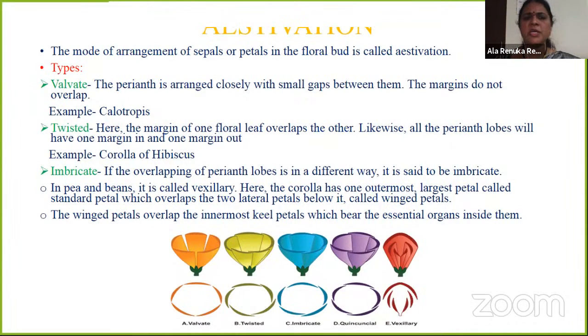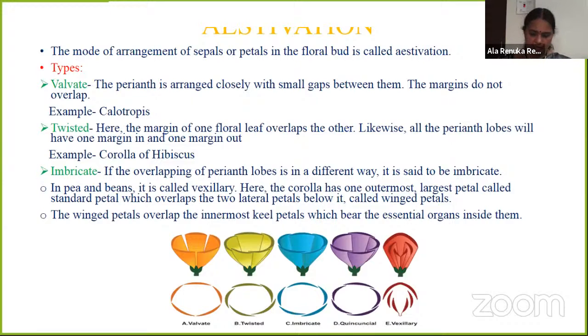So aestivation, for 4 marks: valvate, twisted and imbricate. In valvate aestivation, the perianth lobes are arranged on one margin with small gaps. There will be no overlapping. In twisted aestivation, all the floral leaves have one margin in and one margin out in a twisted fashion, so it is called twisted aestivation. In imbricate, there is a particular way of overlapping.